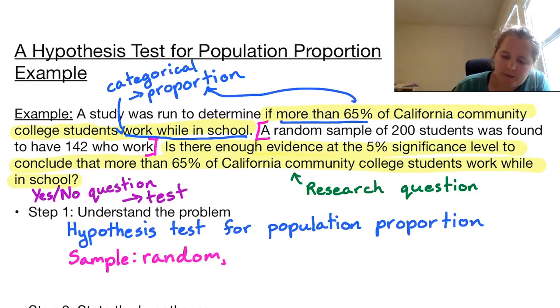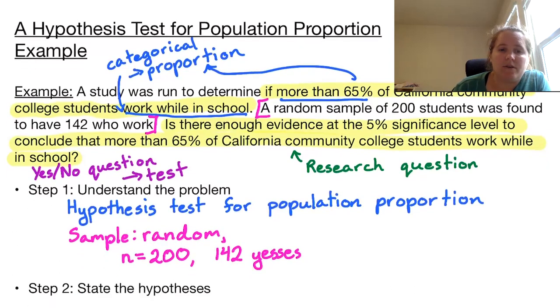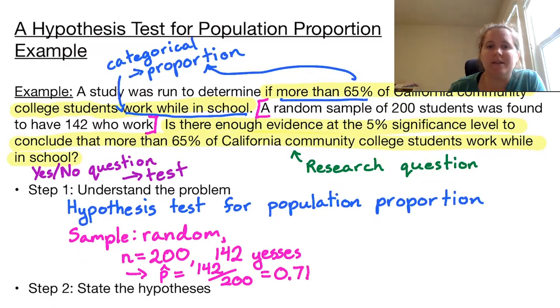We had a sample size of 200, and we had 142 yeses. So in other words, our sample proportion, we would do 142 yeses out of 200 responses, and we get 0.71, if I did that correctly.